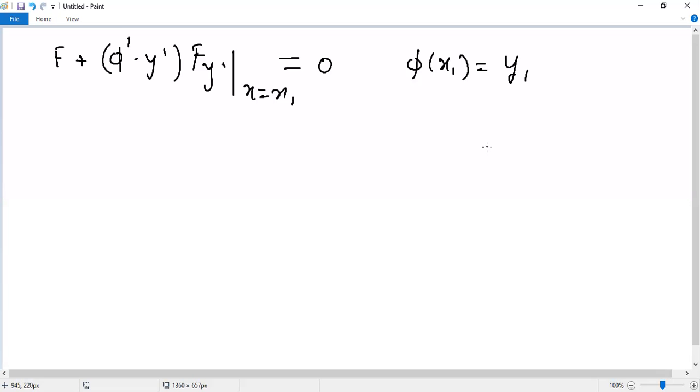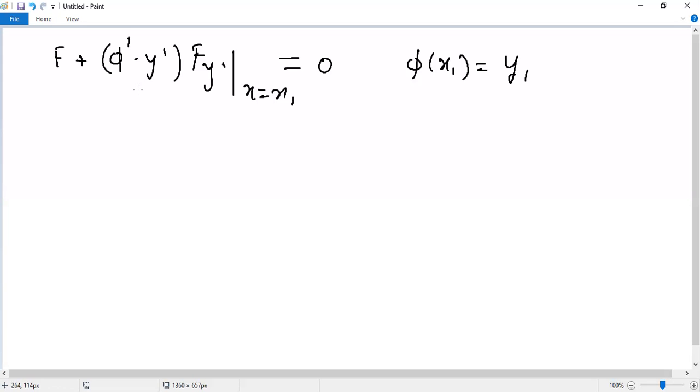Why does that happen? Because the point is moving on a curve y equal to phi of x, and therefore the point x1 y1 will lie on the curve phi of x. This condition is called the transversality condition.